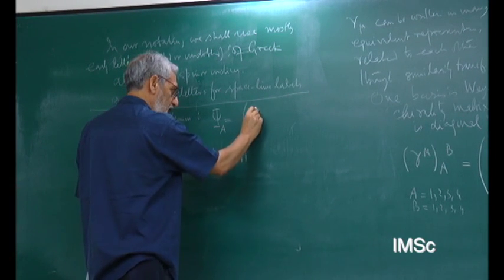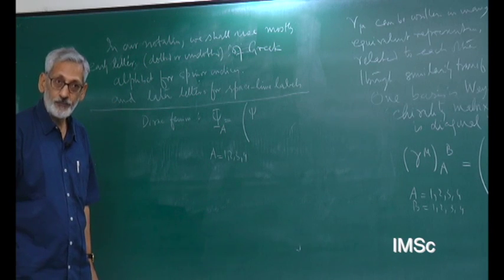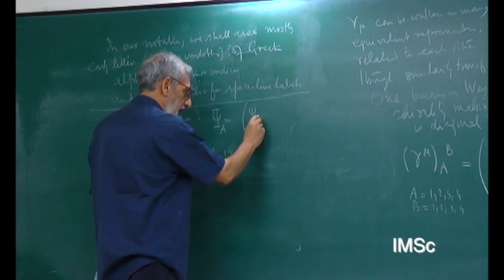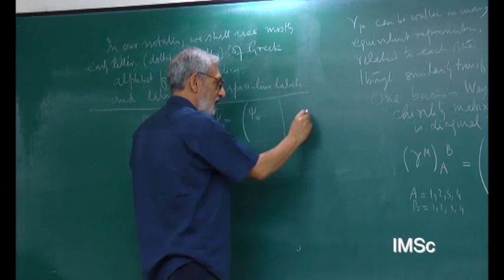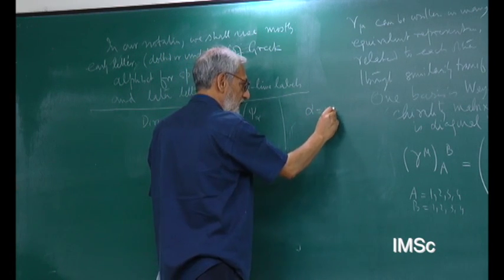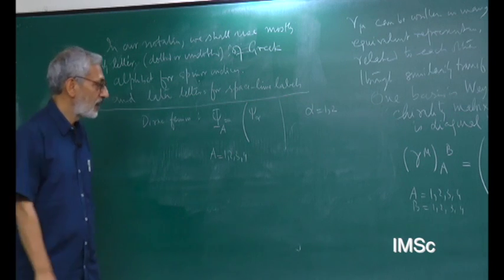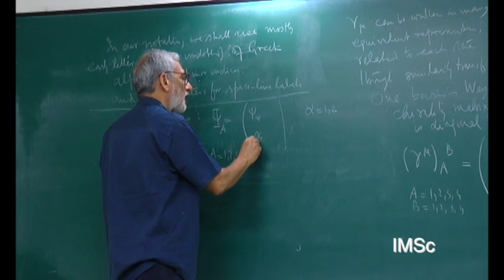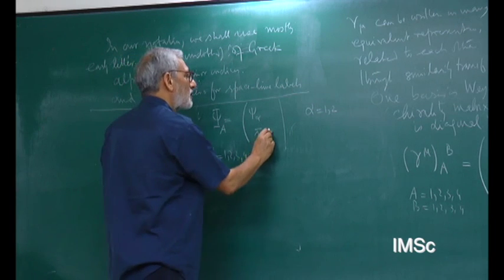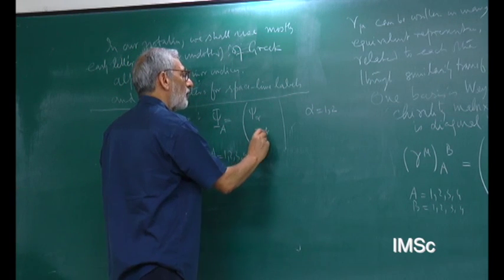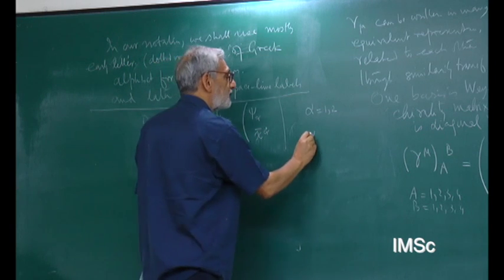The first 2 components we'll call small psi, and label the components by index alpha, which takes values 1 and 2, the spinor index. The lower component we'll call chi bar, and label its components by alpha dot.